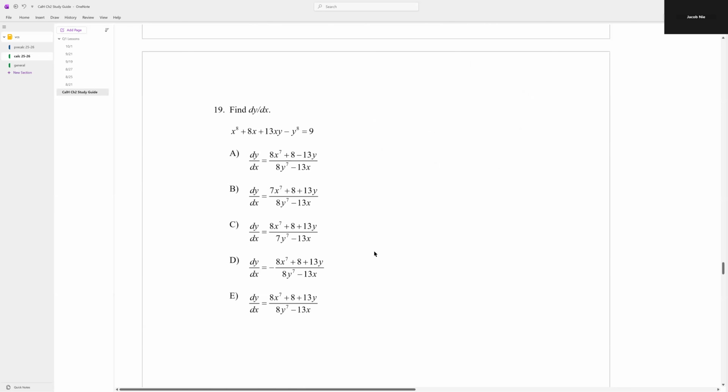Question 19, more implicit differentiation. Same exact steps. So the derivative of x to the 8 is 8x to the 7th.